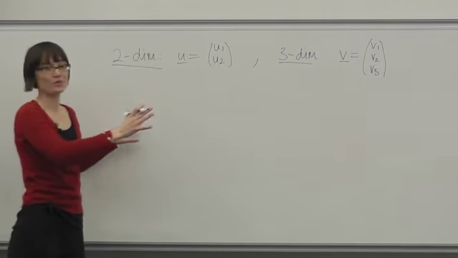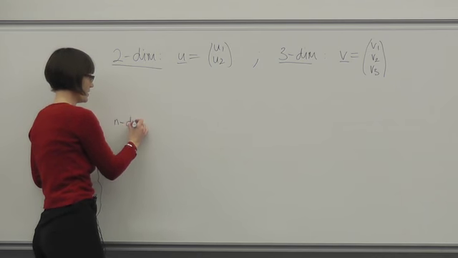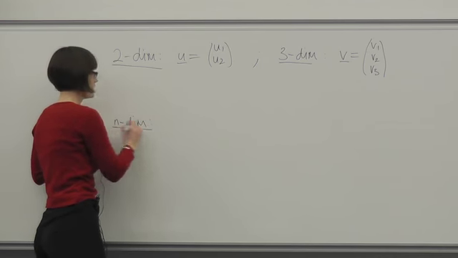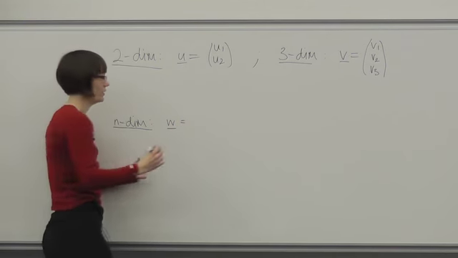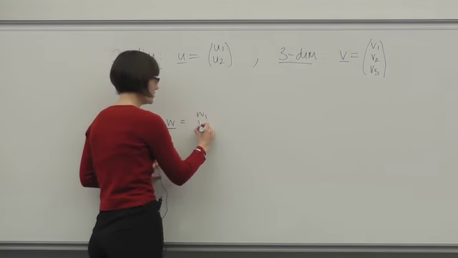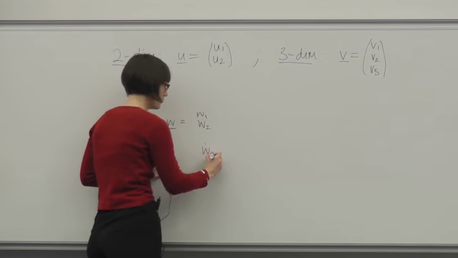But there's no reason why we should stop there. We can very easily just define an n-dimensional vector to be a vector, say, w, that has n components. So w1, w2, and so on, all the way down to wn.